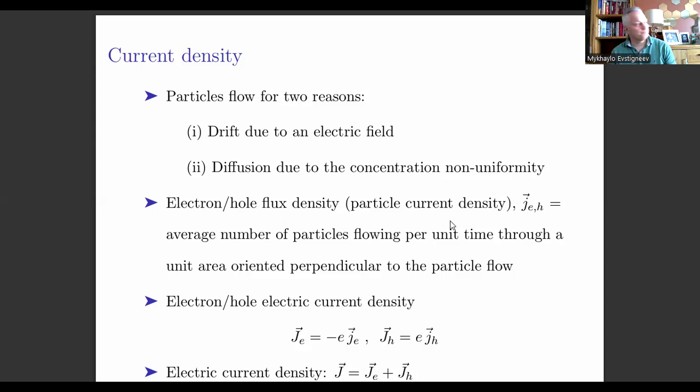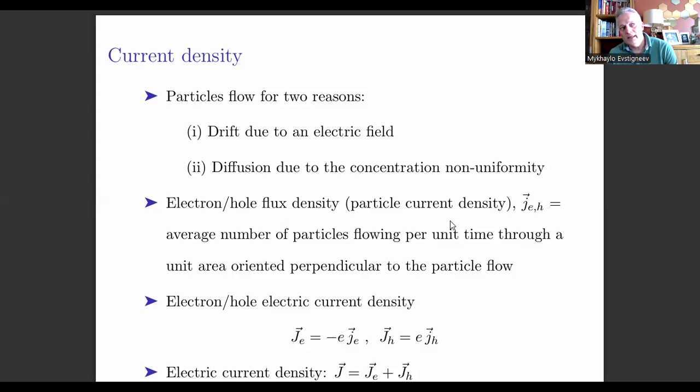Now, diffusion happens. Diffusion is basically thermal motion itself. On average, a given charge carrier may get displaced due to thermal motion, and after some time t, it gets displaced in a random direction by a random amount.